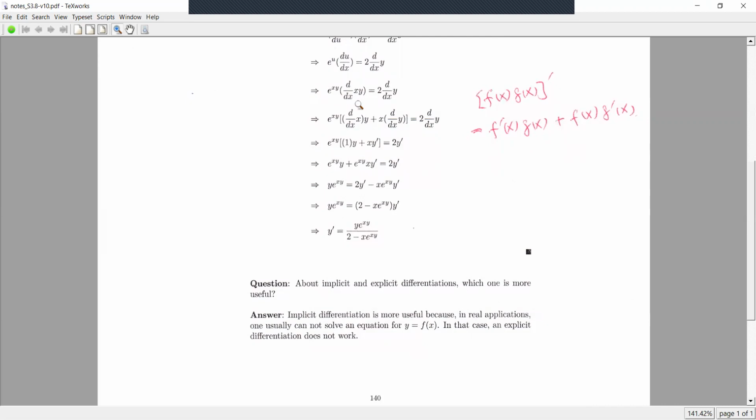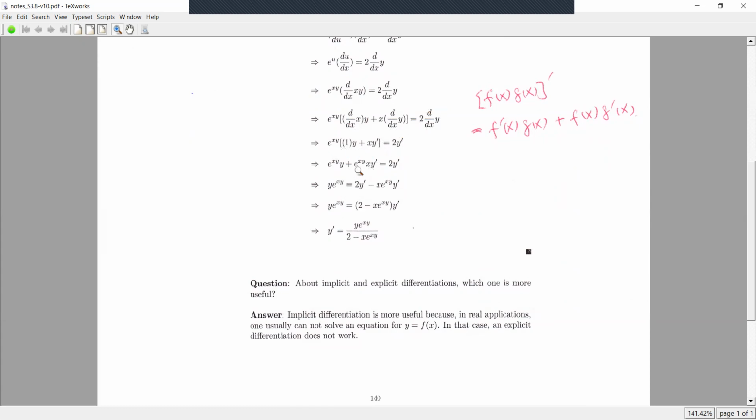By the product rule, this derivative is derivative of the first function times the second function plus the first function times derivative of the second function. Derivative of x with respect to x is 1. Derivative of y with respect to x is y prime. Now, solve this equation for y prime.